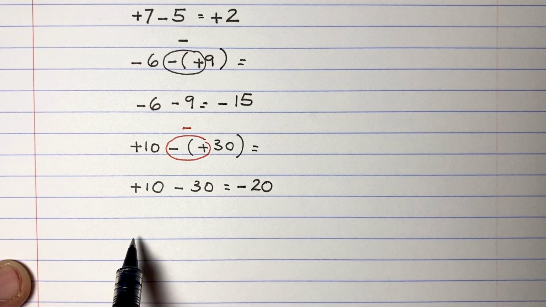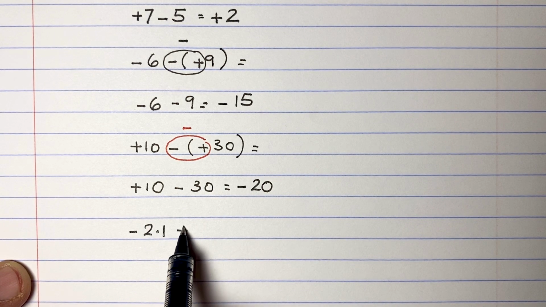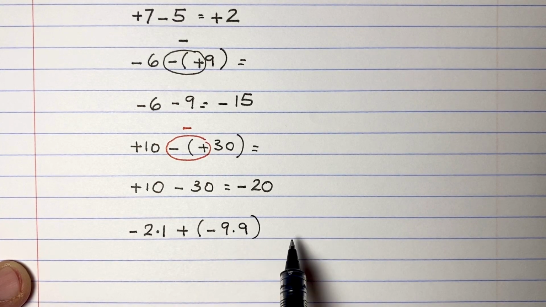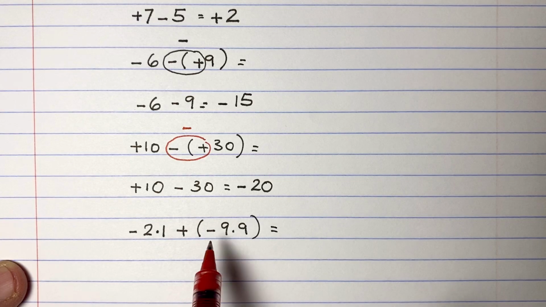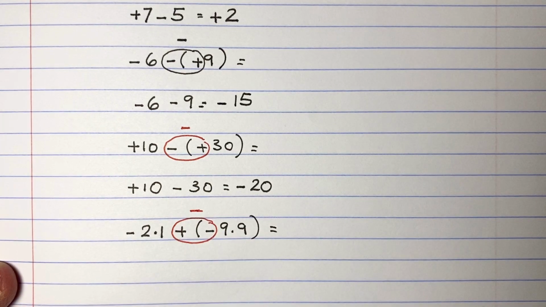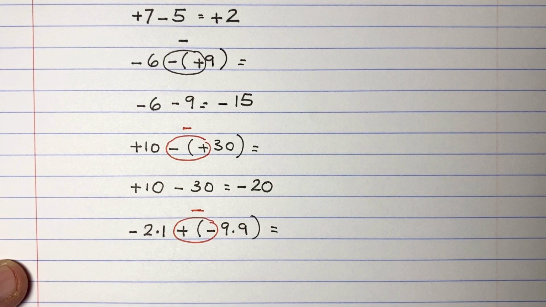Now, another one with decimals, negative 2.1 at negative 9.9. Here we go. Positive times negative is negative. As I said, there is an invisible sign between the two given signs here.